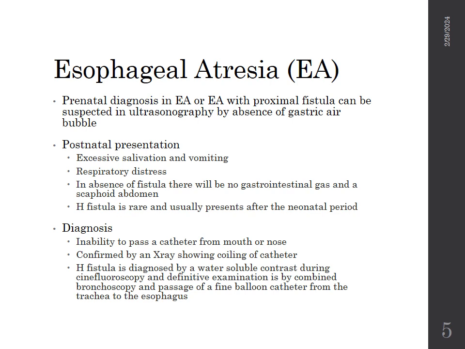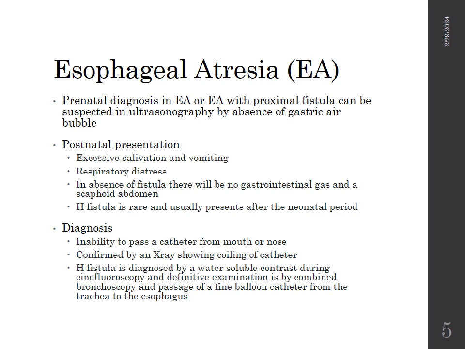In the absence of a fistula, when it's a pure esophageal atresia, there will be no gastrointestinal gas and a scaphoid abdomen. H-type fistula is usually rare, and it usually presents after the neonatal period with repeated choking, repeated cough and recurrent chest infection. It's not very common to present in the neonatal period, although there are some cases we've seen, but it's not common.